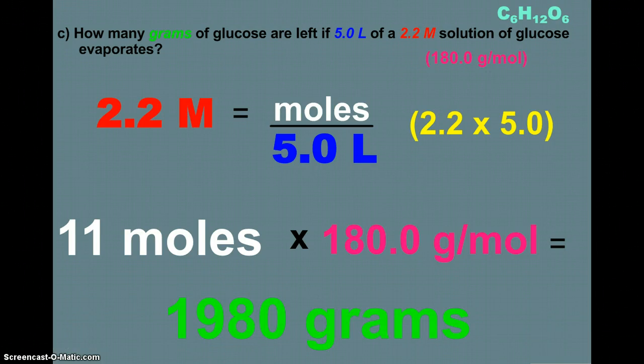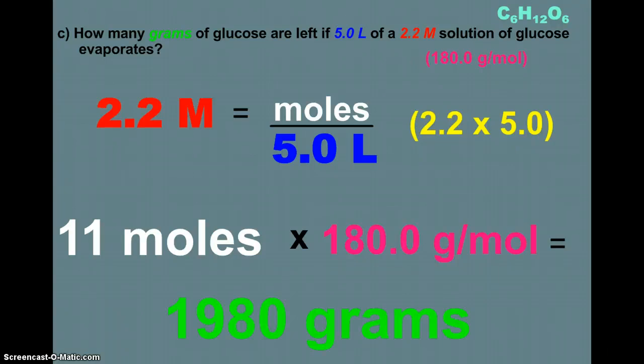When I do that, it shows me that there are 1,980 grams of glucose that would be left behind if that solution evaporated. Again, this is how we will work a problem when we need to know how many grams of solute we'll have to measure out in order to create a proper solution in the lab, which we'll be doing later this week.